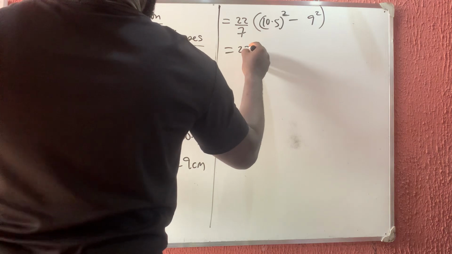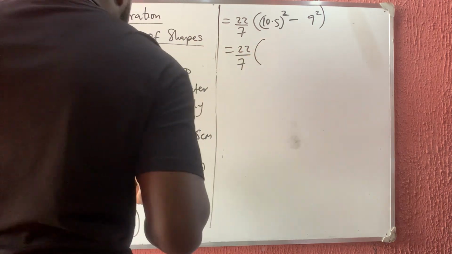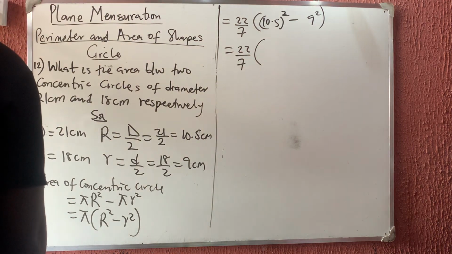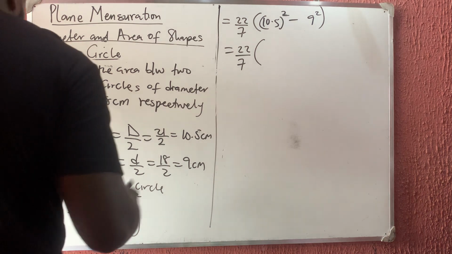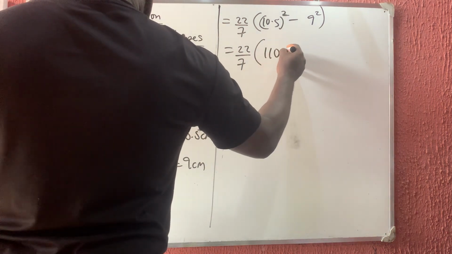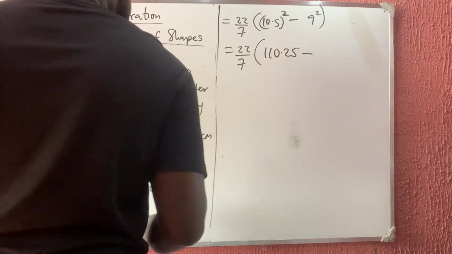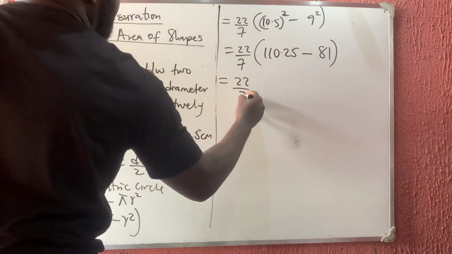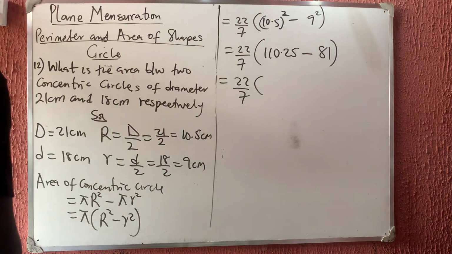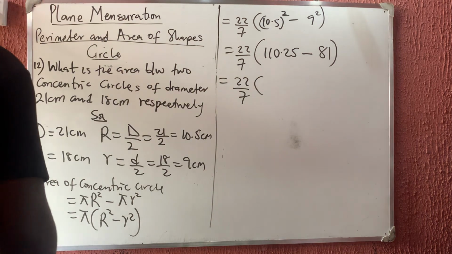So I'm having 22 over 7 in bracket of 10.5 squared, which is 110.25, minus 81.